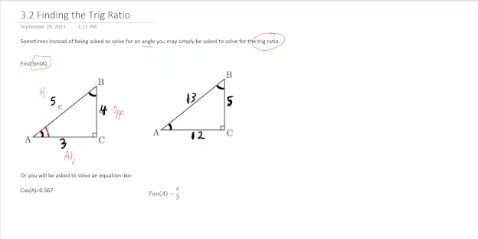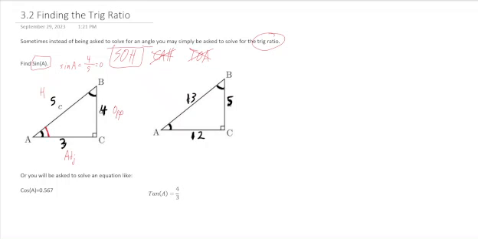Now, in this case, since we have SOHCAHTOA, we are looking for the SO part because we have sine. So we're going to cross out CAH and cross out TOA, and we're just going to use SOH, which means that we are looking for sine of A equals opposite of A, which is 4, over hypotenuse of A, which is 5. So 4 over 5.